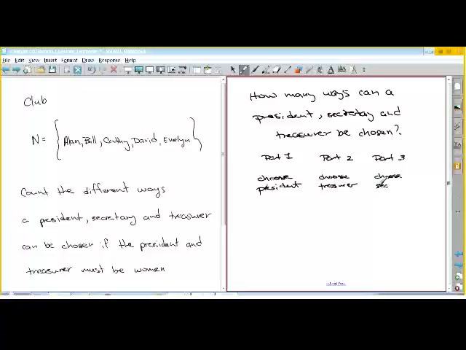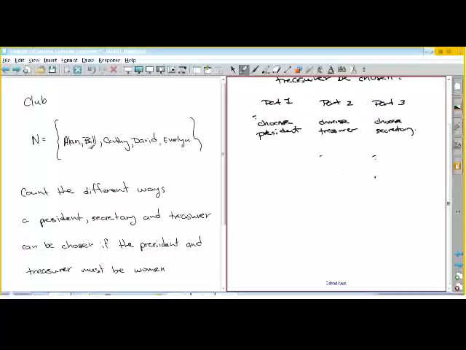And then we're going to choose the secretary. Actually, it really doesn't matter what order we do it in. We're still going to have the same number of different arrangements. So the way the tree diagram works is, how many people do we have to choose from if we choose the president first? There's going to be 5 people to choose from.